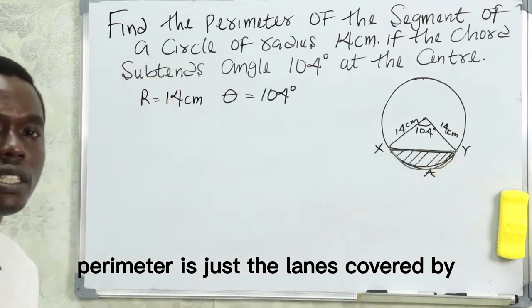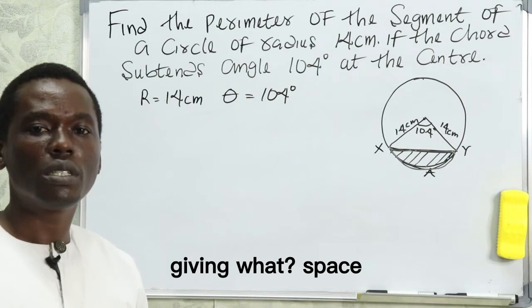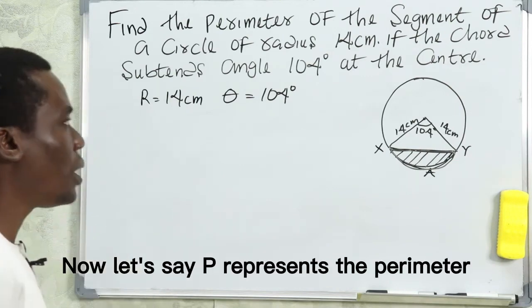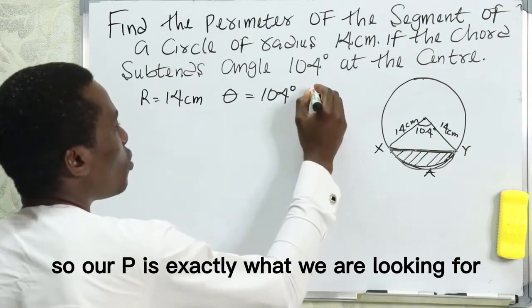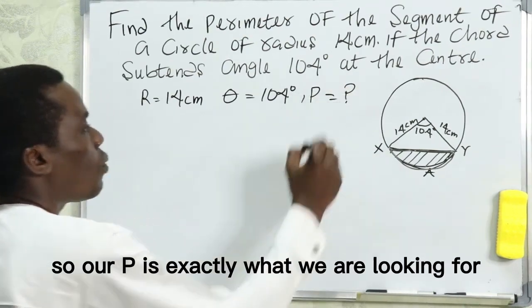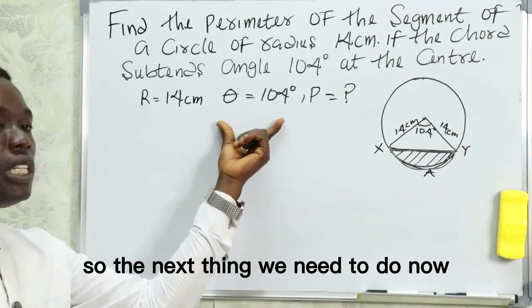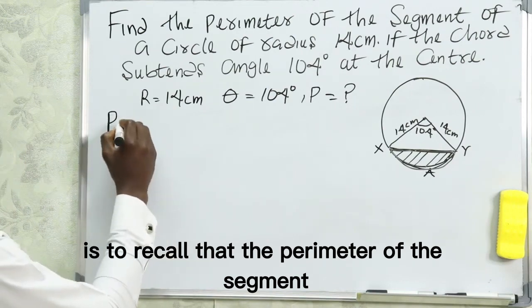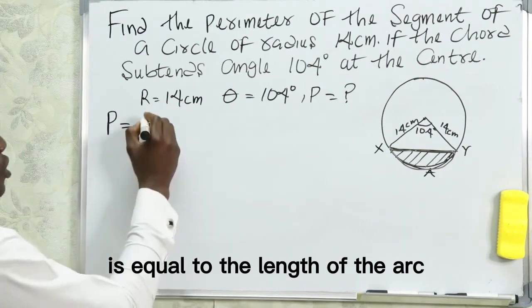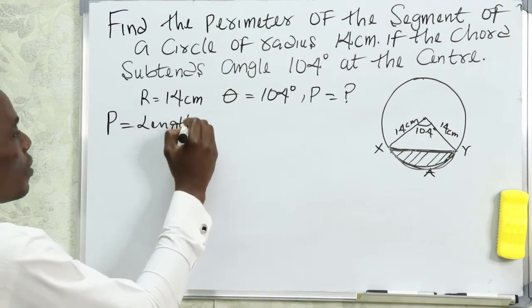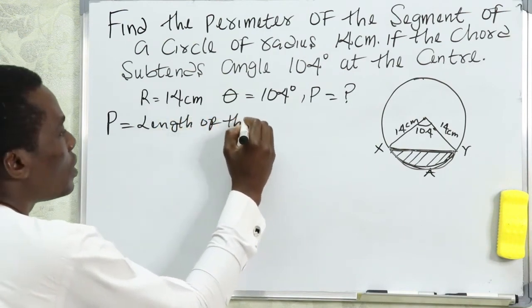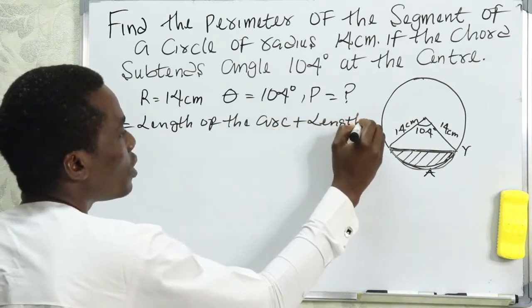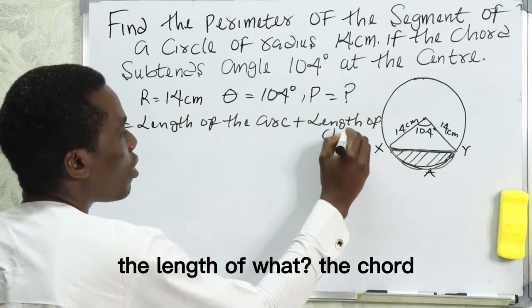Perimeter is just the length covered by a given space. Now let's say P represents the perimeter of the segment. So our P is exactly what we are looking for. The next thing we need to do now is to recall that the perimeter of a segment is equal to the length of the arc plus the length of the chord.